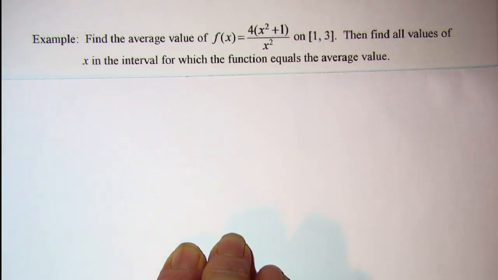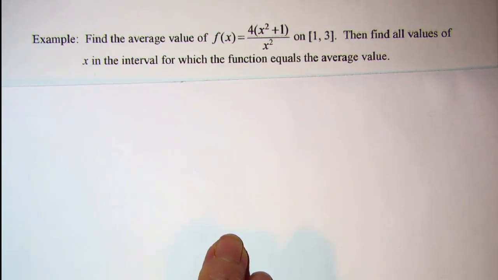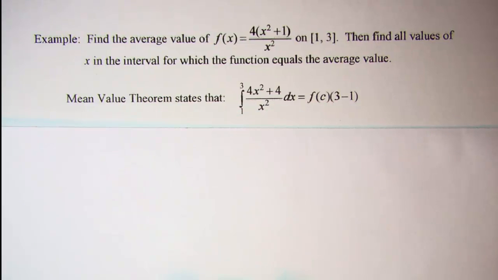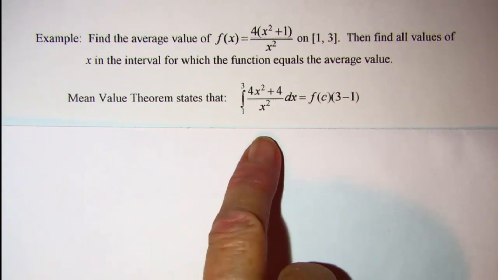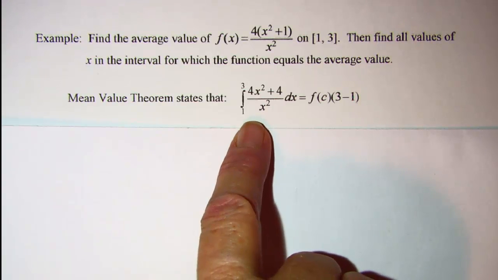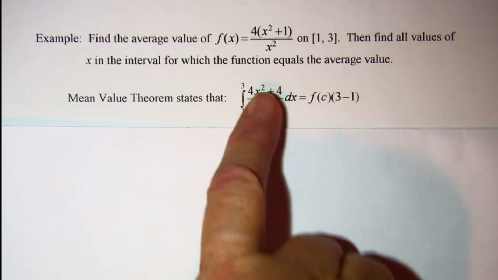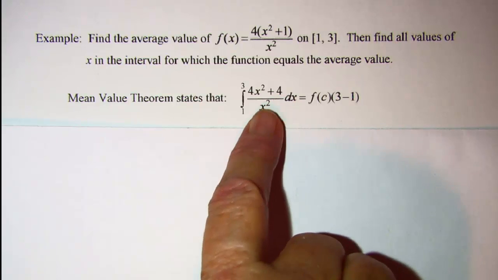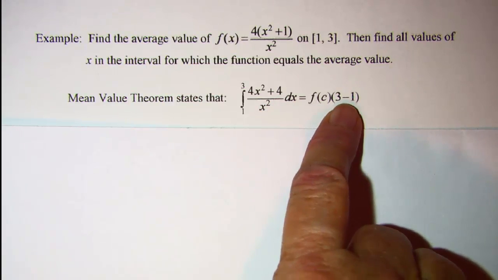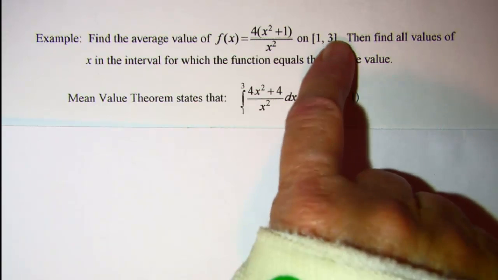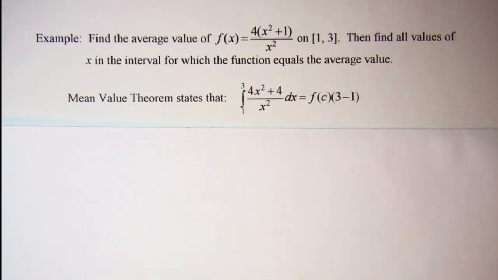Now the average value is f of c, so that's what we're going to be finding. Our mean value theorem states that the definite integral from 1 to 3 of our function, notice I distributed the 4, is equal to f of c times 3 minus 1, which is the distance covered by the interval.